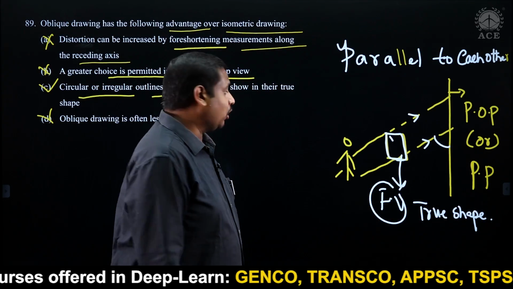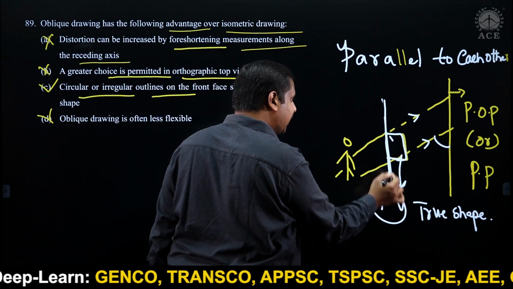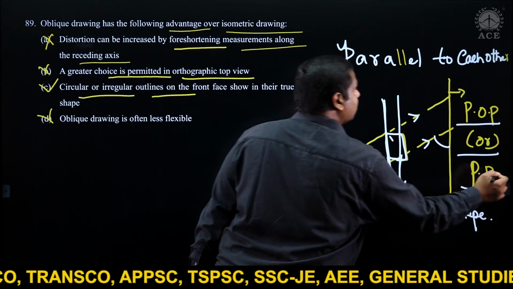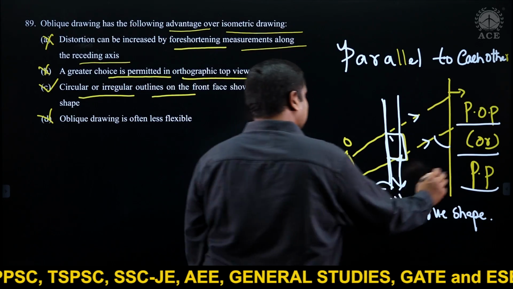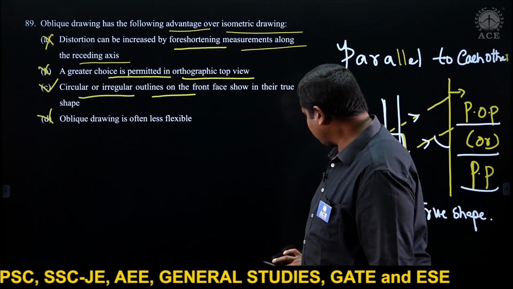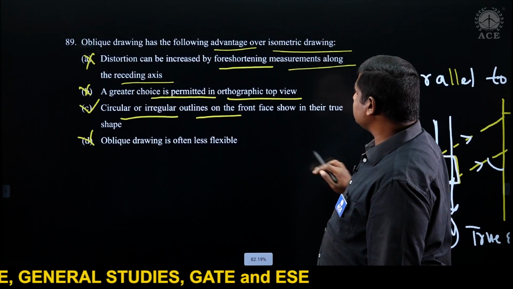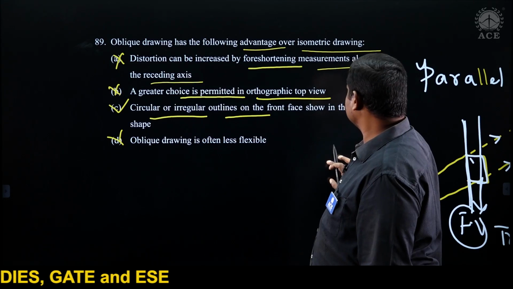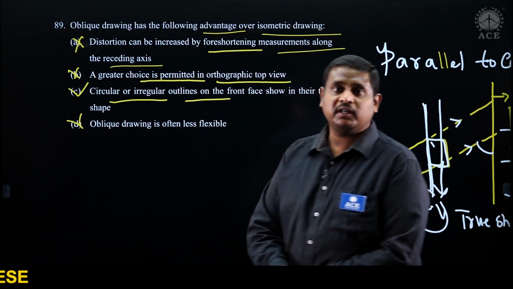Clear, my dears? Because the front face is exactly parallel to POP or PP. Is that clear, my dears? So therefore option C is the right answer, my dear. Circular or irregular outlines on the front face show their true shape. Clear, my dears?